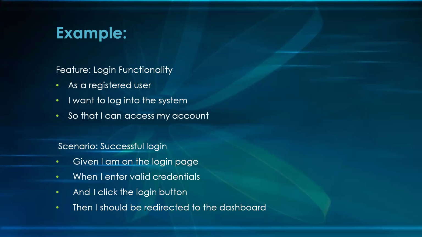And then the scenario will be successful login. That is my scenario. Because my intention is, after taking these steps, after registering, after successfully creating my account, I should be able to have a successful login.